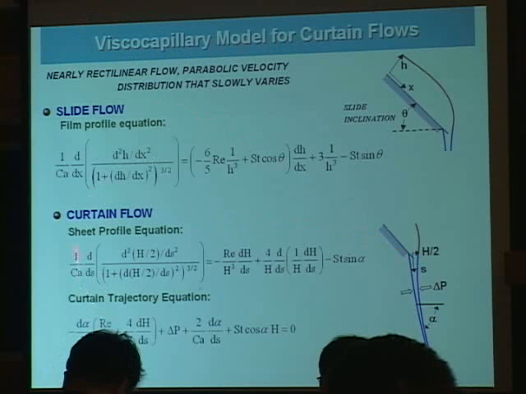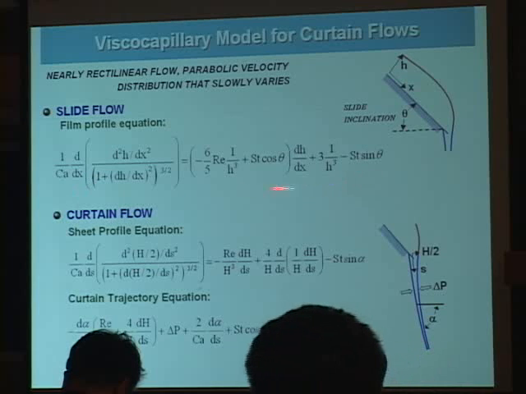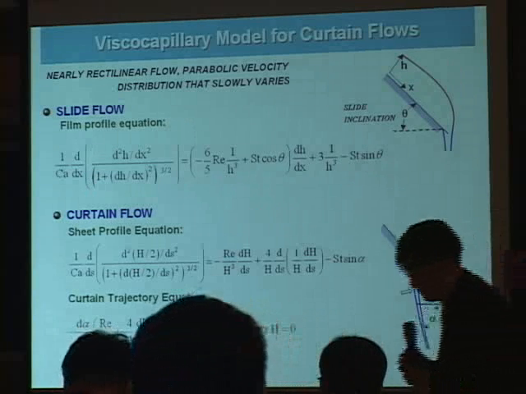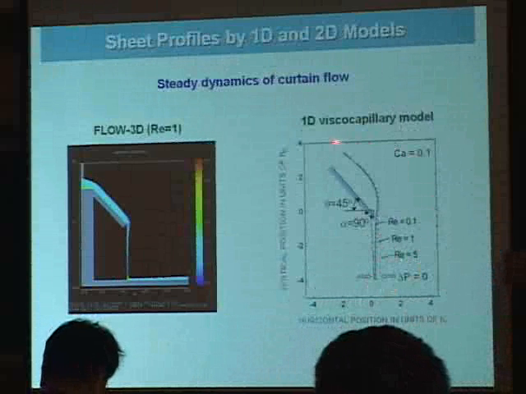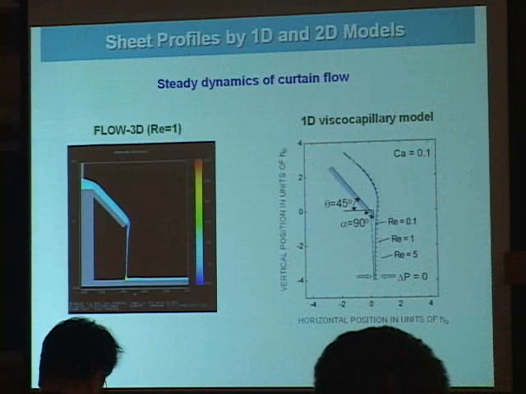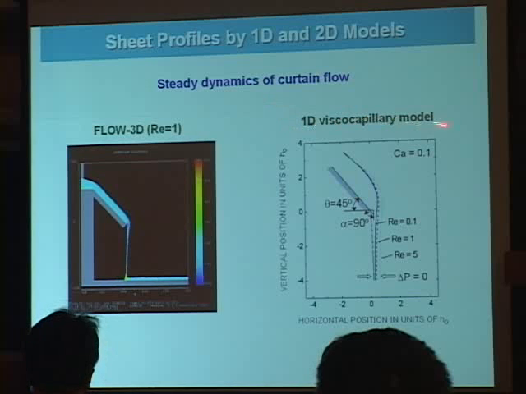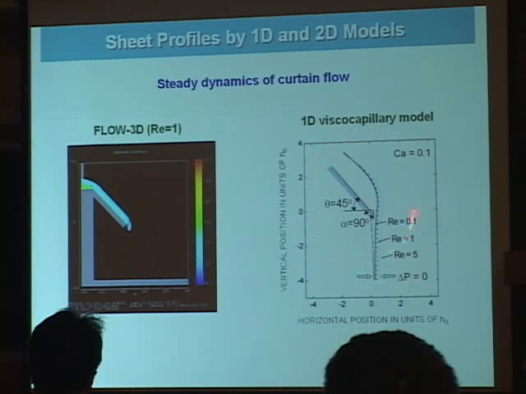These equations have been derived from the two-dimensional curvilinear Navier-Stokes equations. This is one example of a steady-state result solved by the 1D physical capillary model, depending on the Reynolds number. We also verified this curtain flow behavior by comparing with the 2D result by commercial software.